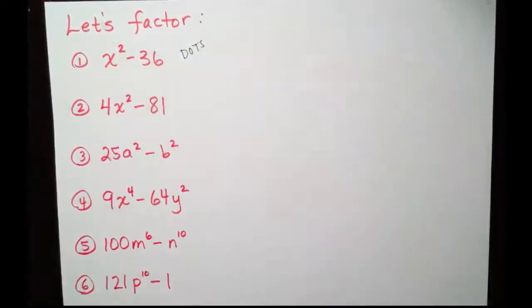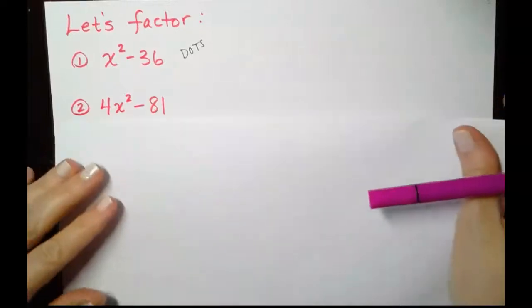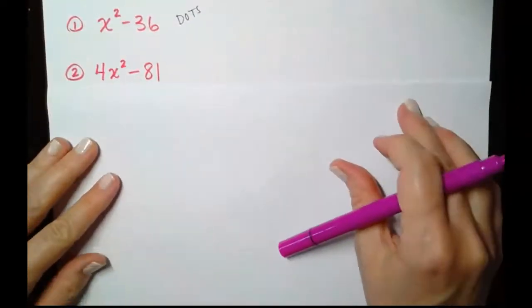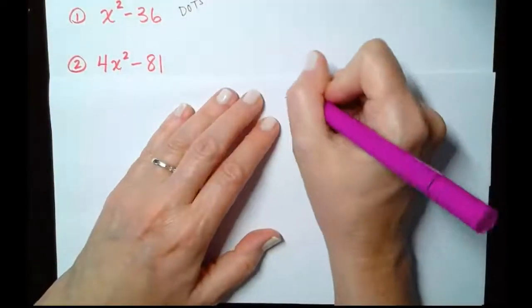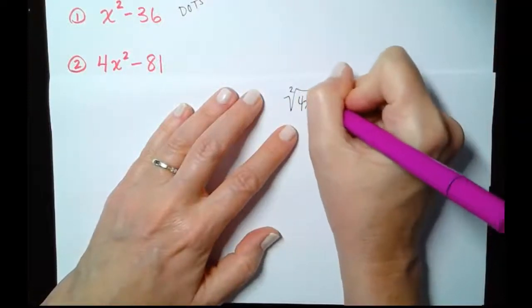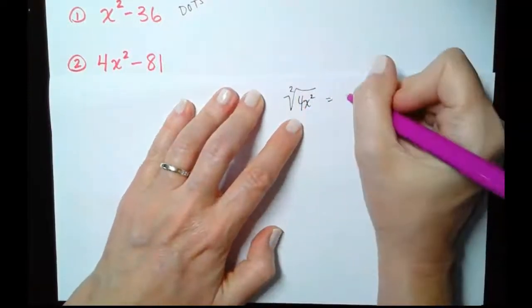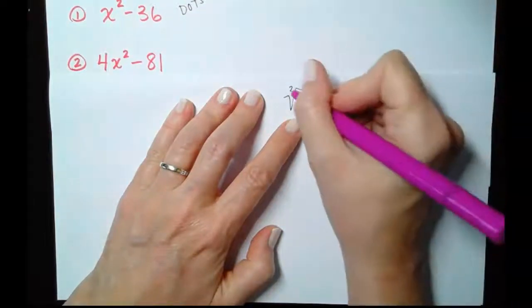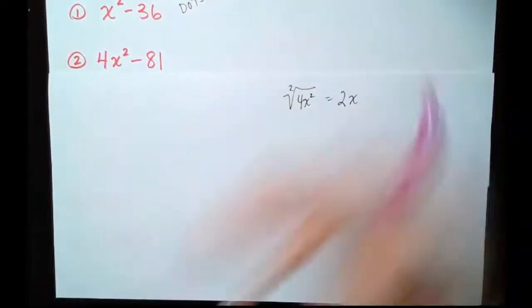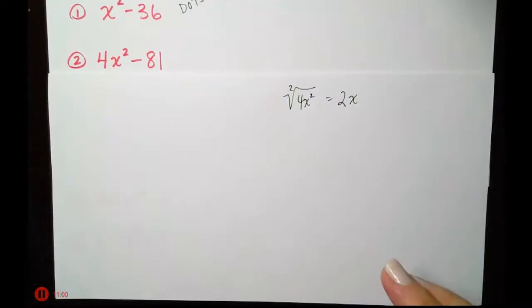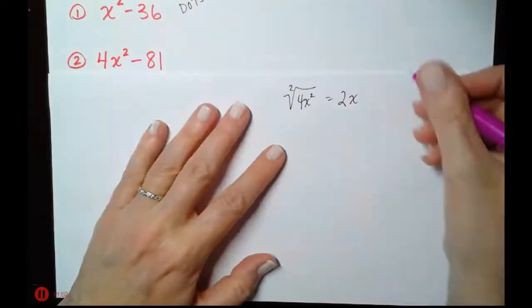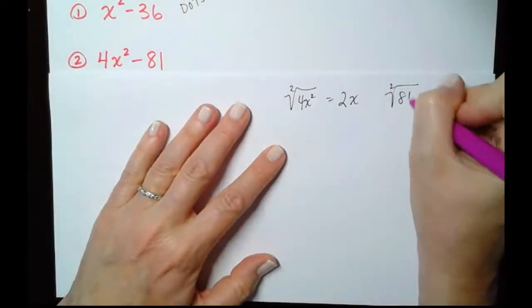So let's speed up the process here because we are dealing with difference of squares here. We know they are difference of squares. Number 2, what is the square root of 4x squared? The square root of 4 is 2. The square root of x squared is x. So the square root of 4x squared is 2x. What is the square root of 81?